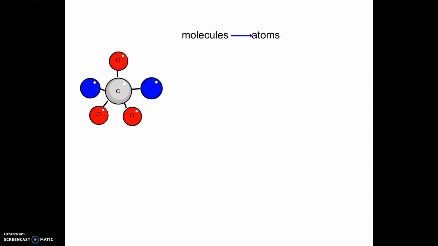I want you to write this in your notes under the section called chemicals. Chemical changes must have either, and here's the first one, molecules to atoms.